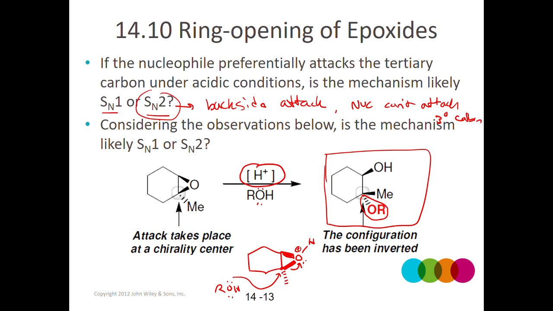So what allows this nucleophile to attack is that we have something here that is kind of like an SN1, but also kind of like an SN2. It's in between both of those mechanisms. It has the characteristic of an SN2 in that the nucleophile has to come in from the backside from where the leaving group's leaving. But it doesn't match the other characteristic of an SN2, because normally it would be too crowded for the nucleophile to come into the tertiary site, and we do see it coming into the tertiary site.